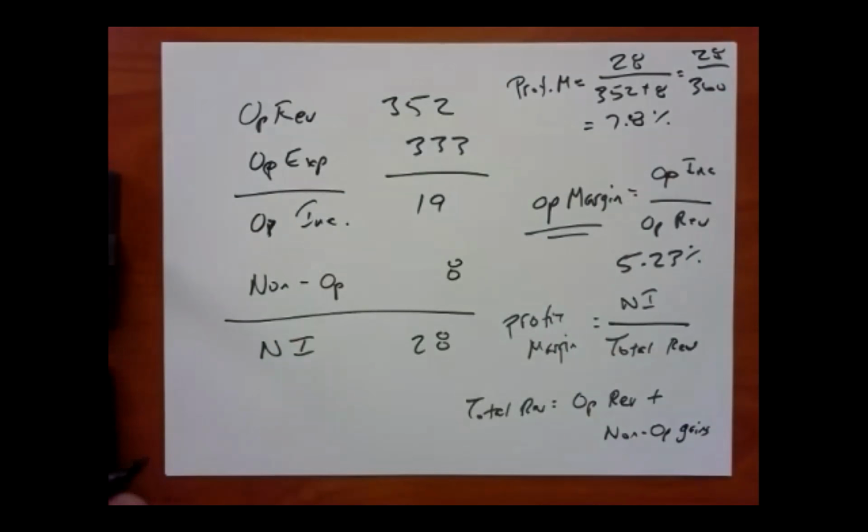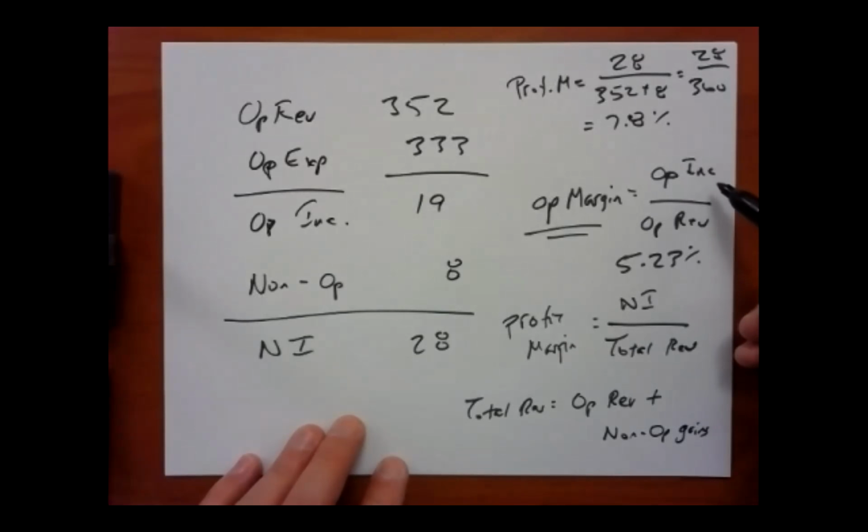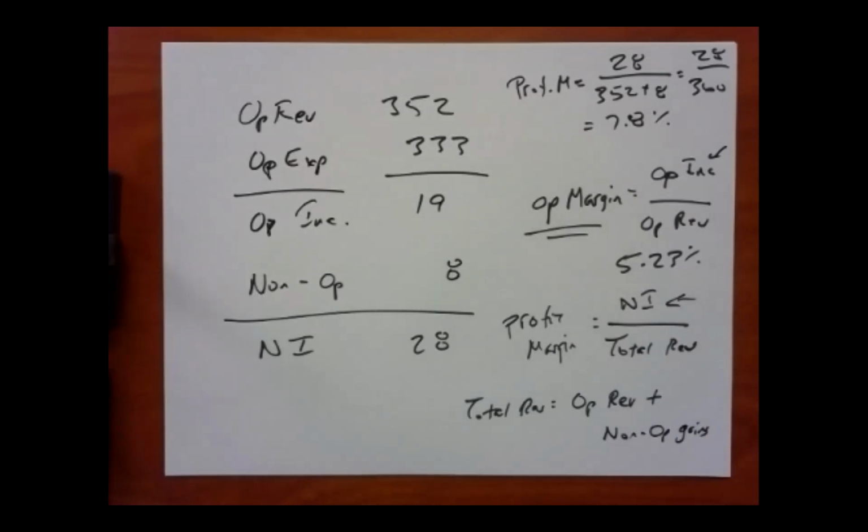Okay. So two ratios you need to know from this chapter are operating margin and profit margin. Both of them measure how effective the organization is at cost control. Why is it cost control? Well, operating income and net income both represent the residual of what is left over after you've paid all your expenses.